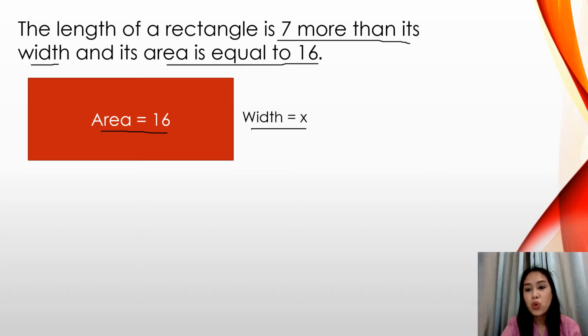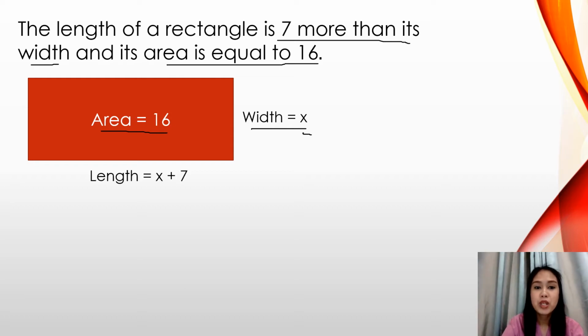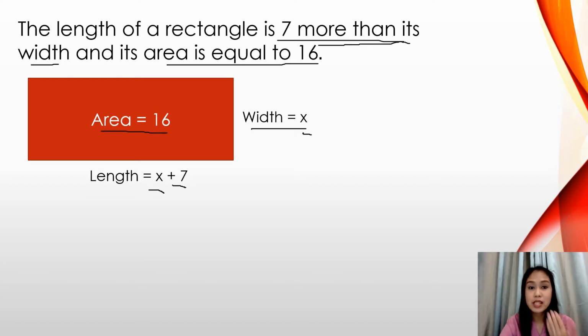Since we do not know the measurement of the width, we write it as x, and we also use that in the measurement of the length. Since it says that it is 7 more than its width, the x here represents the width and plus 7 represents 7 more than in the sentence.